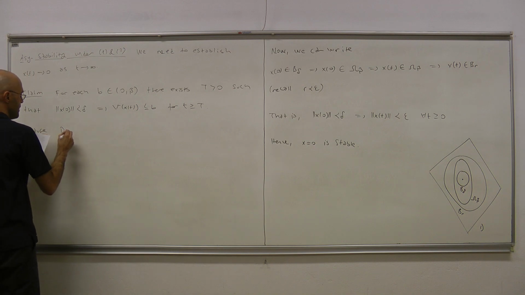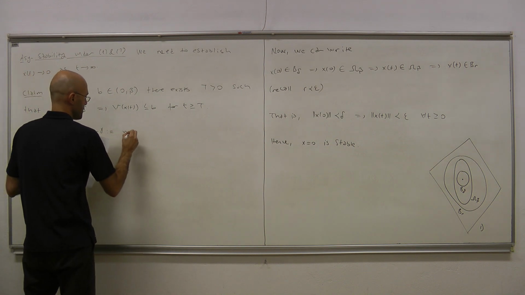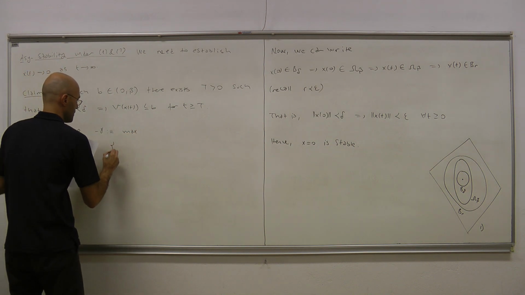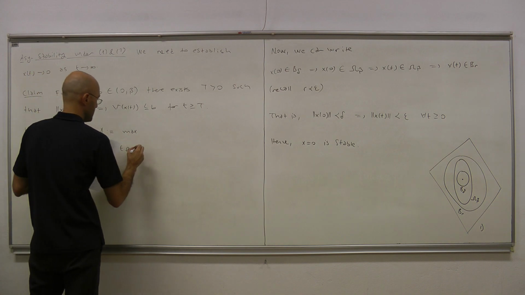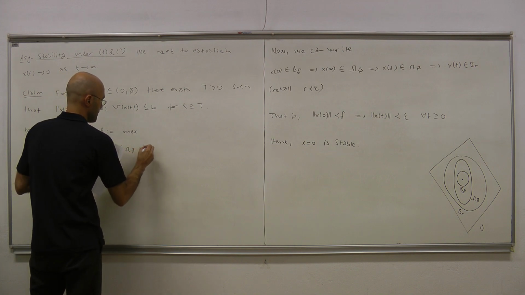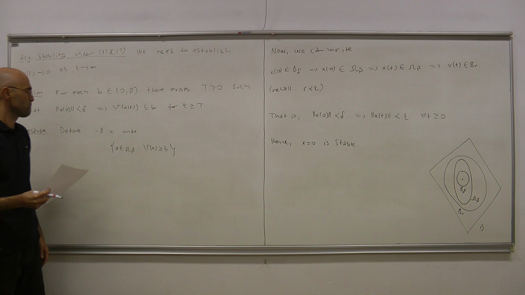Because what? Define minus gamma as the max, x belongs to omega beta and v of x greater than or equal to b. Okay.